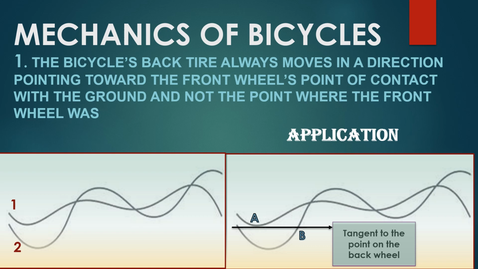Let us assume for some time that track 1 is of the back wheel and track 2 is of the front wheel.